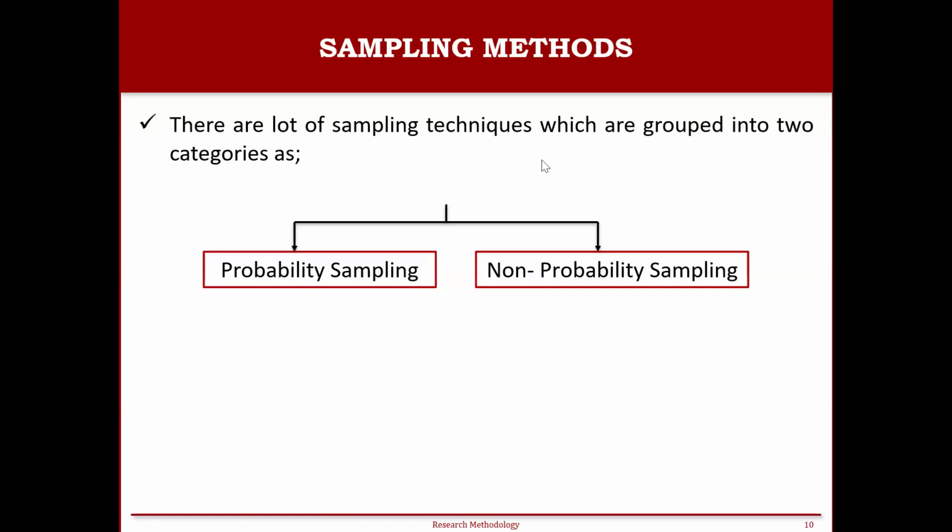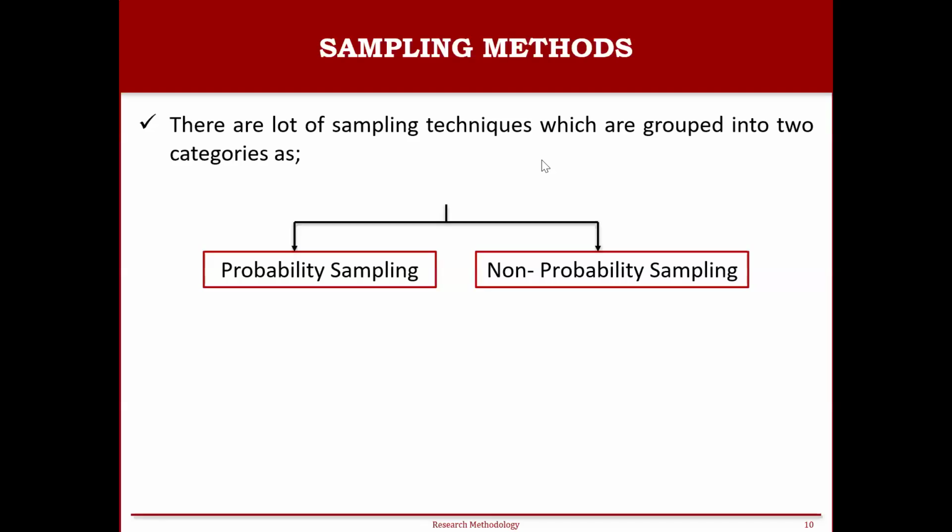We are going to select a small sample out of the population. So every individual in the population has an equal chance of being selected when it comes to probability sampling. But on the other hand, non-probability sampling is the opposite side of probability sampling.